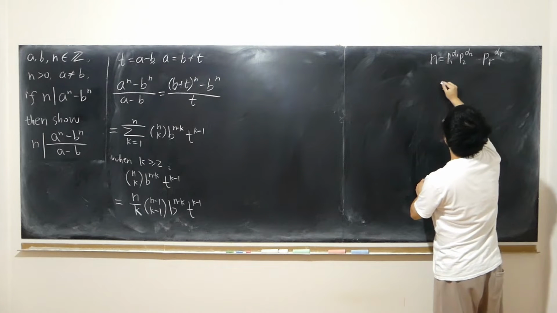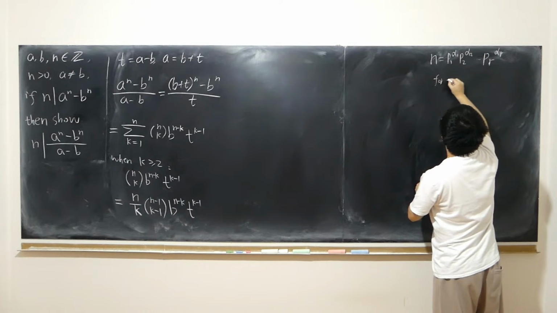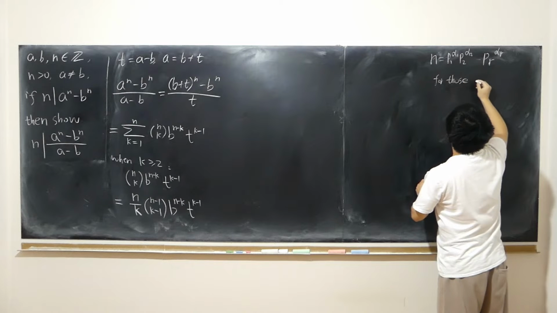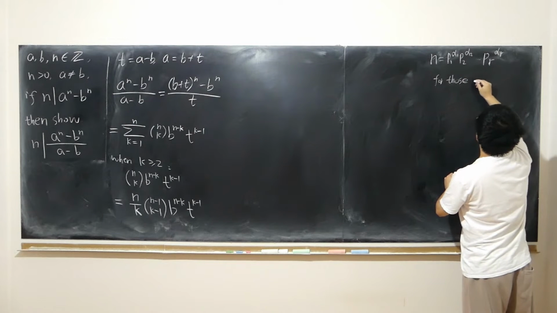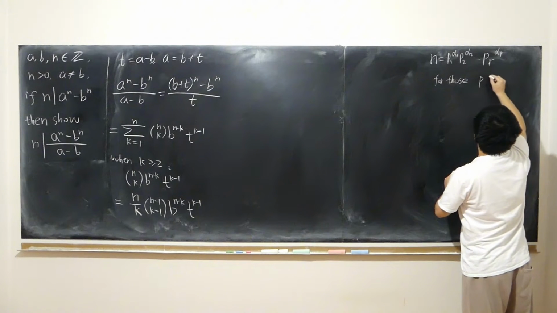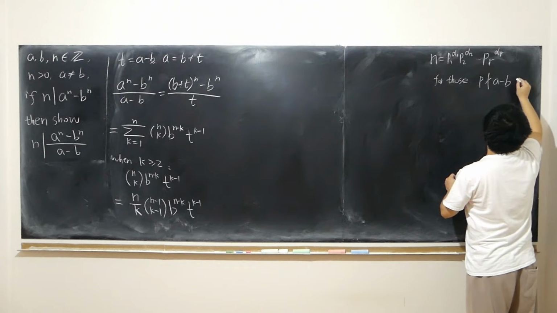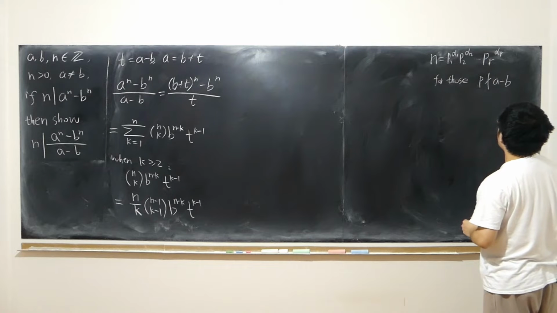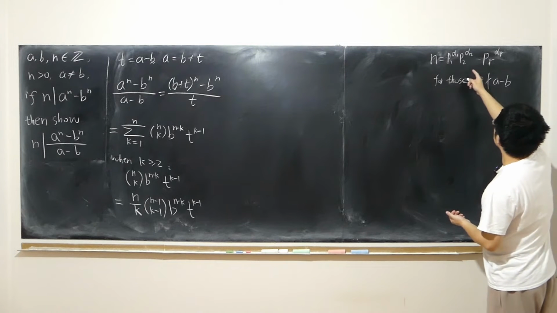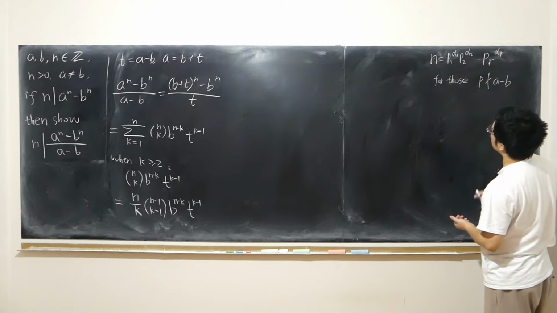For those p that doesn't divide a minus b, of course p to the alpha also doesn't divide a minus b.